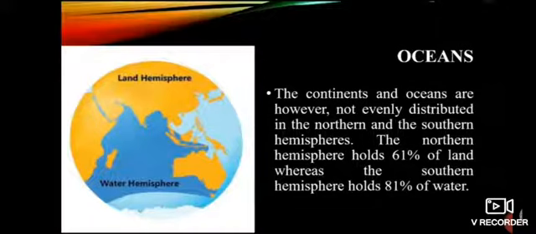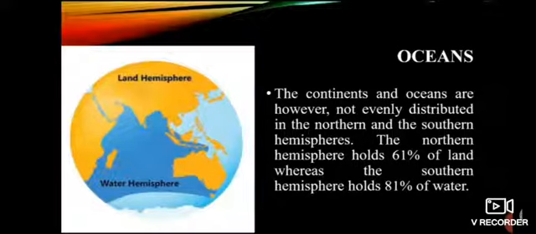Oceans. The continents and oceans are, however, not evenly distributed in the northern and southern hemisphere. Compared to the southern hemisphere, the northern hemisphere has more land surface, and the southern hemisphere has more ocean or water surface.